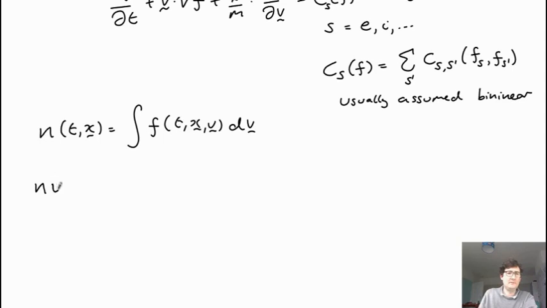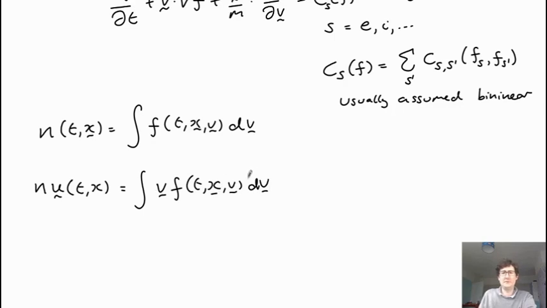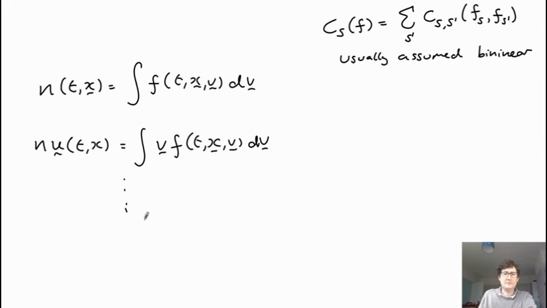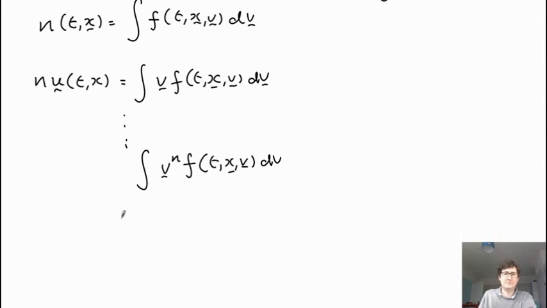For example, u, the fluid velocity, again a function of time and space, is an integral of the velocity times f of t, x and v, again integrated over all 3 velocity dimensions. We can keep going to higher and higher orders, with integrals of v to some power times f of t, x and v. This is called a moment hierarchy, as we're taking moments of the distribution function.